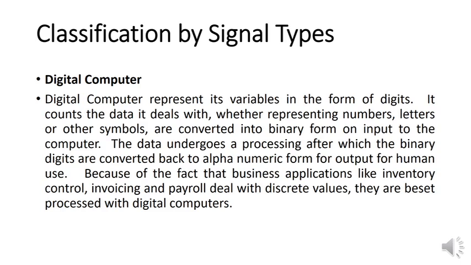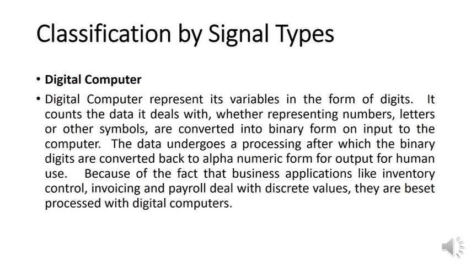Because business applications like inventory control, invoicing, and payroll deal with discrete values, they are best processed with digital computers. As a result, digital computers are mostly used in commercial and business places. That is the first classification of systems by signal type: the digital computer.